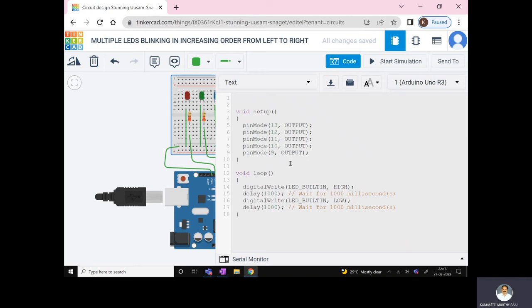Once these pins are configured, next go for the execution block. Here, the first LED is made to blink one time.